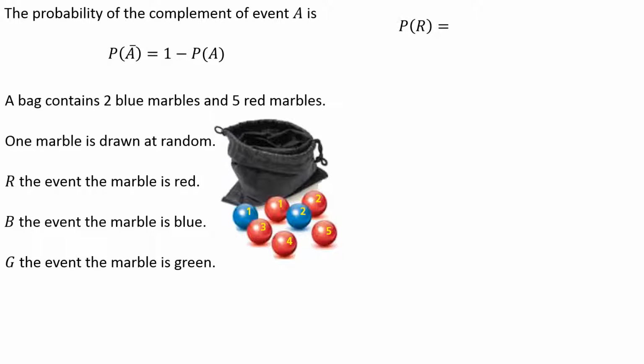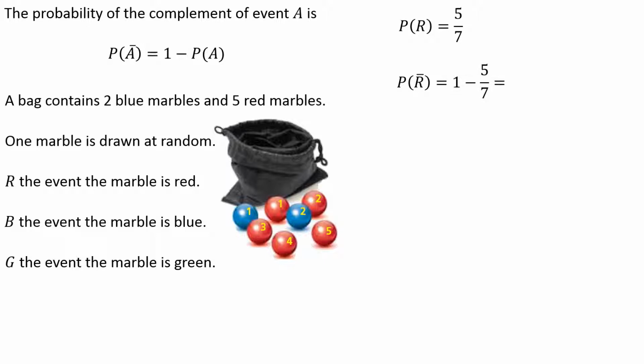Probability of red. Well, it looks like there's going to be 7 things in the sample space because there are 7 marbles. 5 of them are red, so the probability of red is 5 sevenths. So what's the probability of not red?